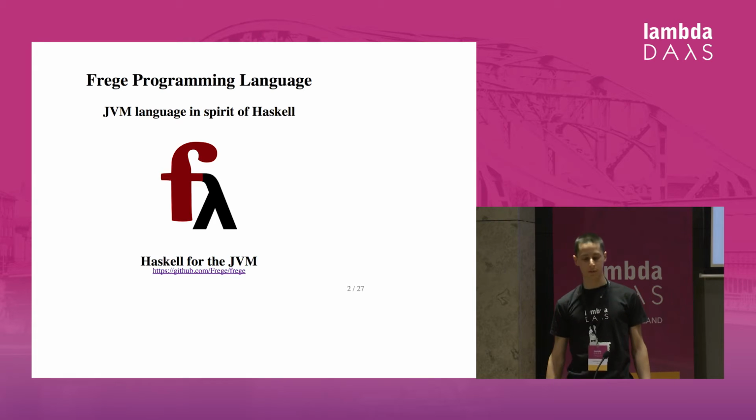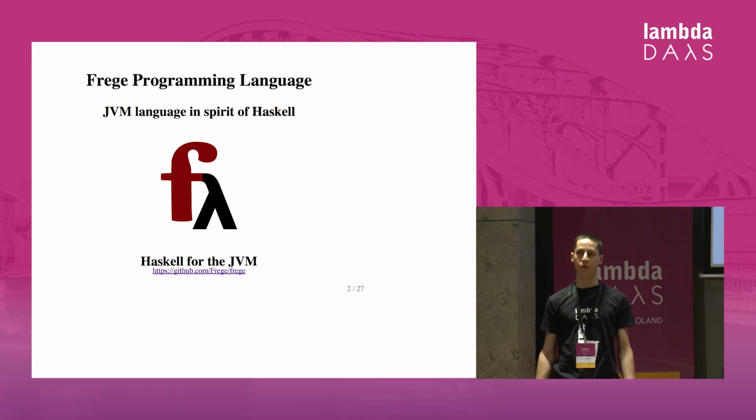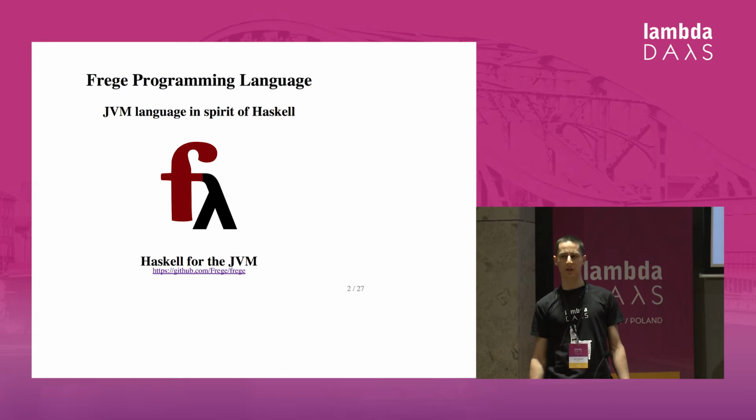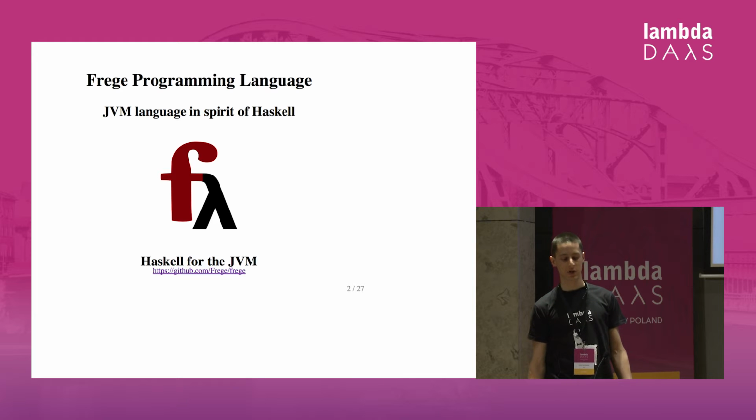So the Frege programming language currently is announced as a Haskell for the JVM. It's a little bit of a change of direction because when I first saw it, it was a JVM language in the spirit of Haskell.